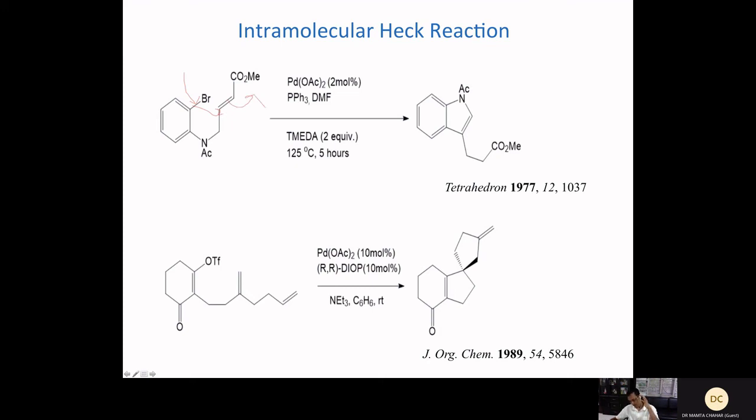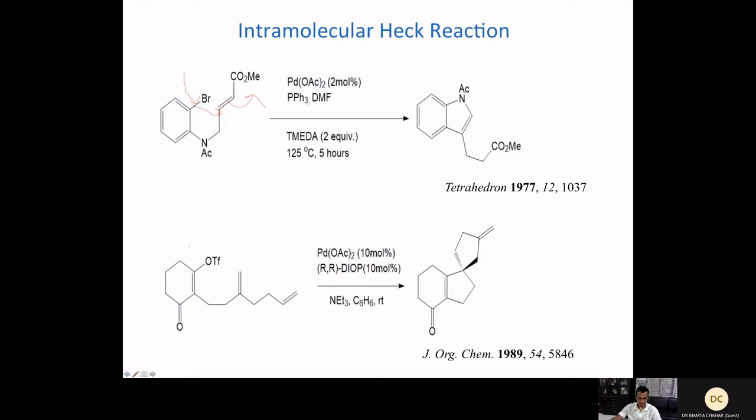Subsequent migratory insertion, beta hydride elimination and migratory insertion leads to the rearrangement where the double bond ends up being in the ring, which is basically unprotected indole formation. We have seen there are tons and thousands of reactions that we can see by utilizing this method.